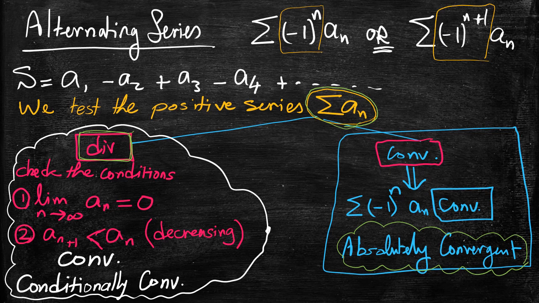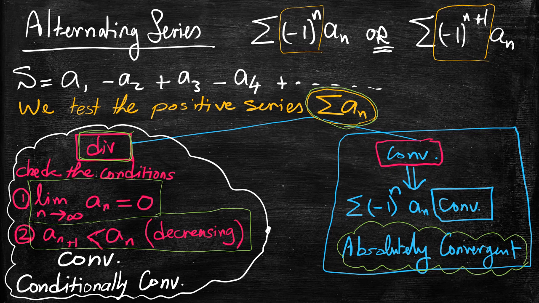If the last term in this series, the first series, approaches zero, and the second condition, this series is also a decreasing series, meaning a_(n+1) is less than a_n, then under this condition, which is alternating, this series will be convergent. So we call this a conditionally convergent series.